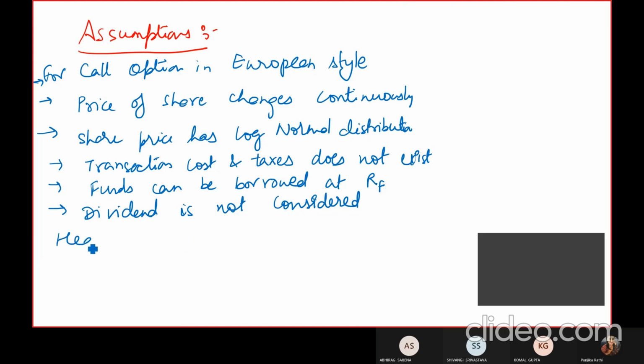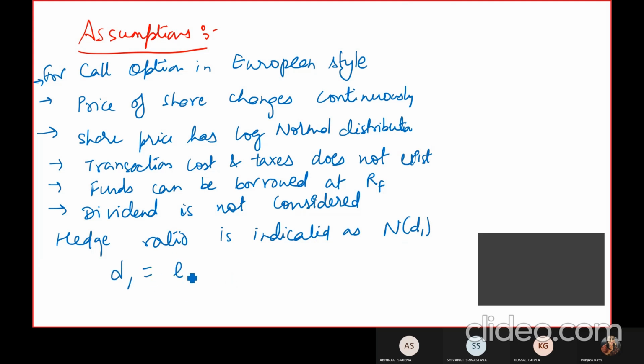So hedge ratio is indicated as normal distribution of D1, value of D1. Now what is D1?